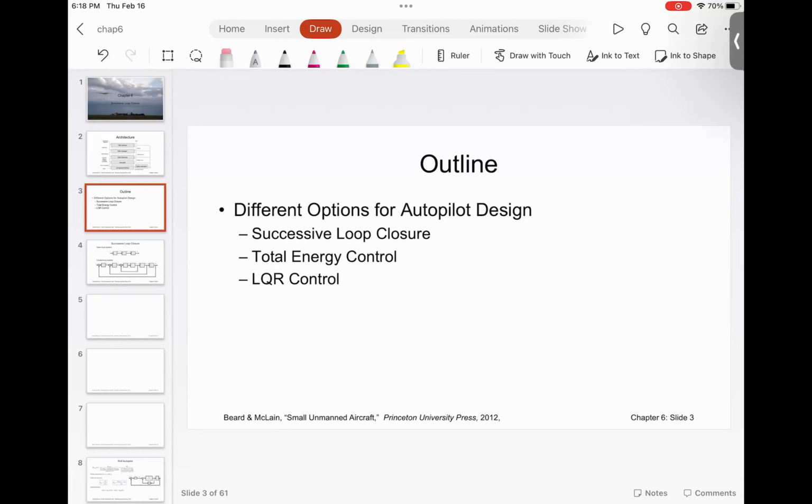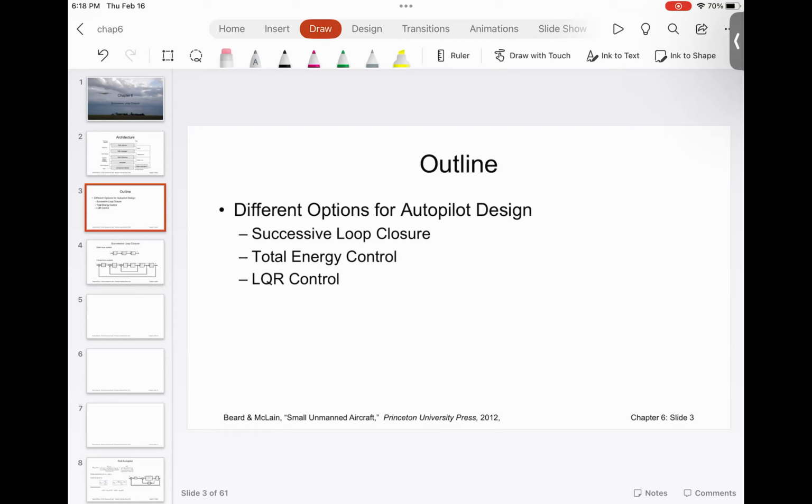If the system energy is increasing, the system is unstable. If you take courses in linear system theory, the total energy control technique is similar to the Lyapunov based technique. So if you use the Lyapunov based technique, that is nothing but total energy control.